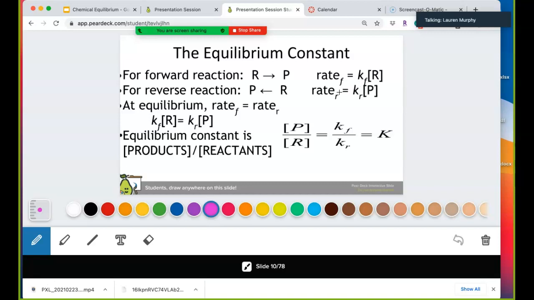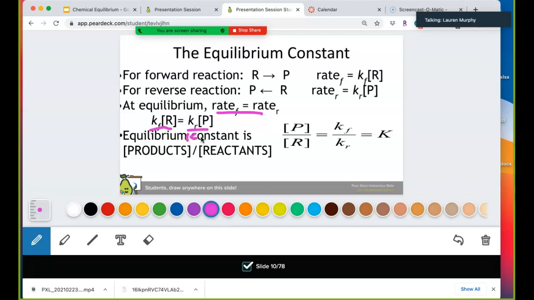Well, by definition, equilibrium is when the rate of the forward reaction equals the rate of the reverse reaction. So what you can do is set these two rate laws equal to each other. This is the rate law for the forward reaction, and this is the rate law for the reverse reaction, and they should be equal because you are at equilibrium. That's what equilibrium is. So what they then did is rearrange this.